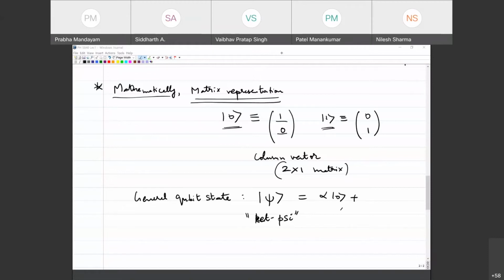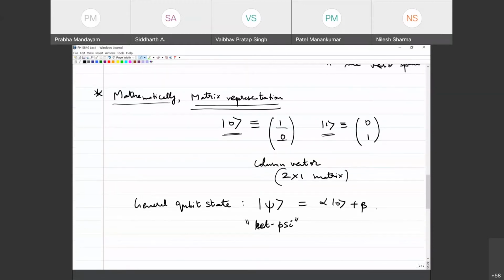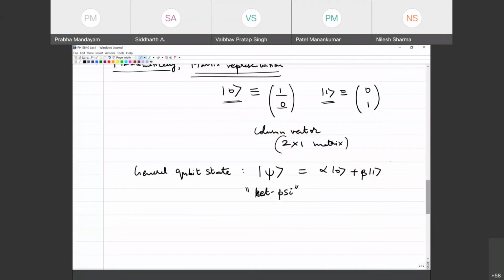Okay, so alpha 0 plus beta 1. The technical term for these kinds of linear combinations, at least in the physics parlance, is a superposition. This is what we will call a superposition of 0 and 1, okay?